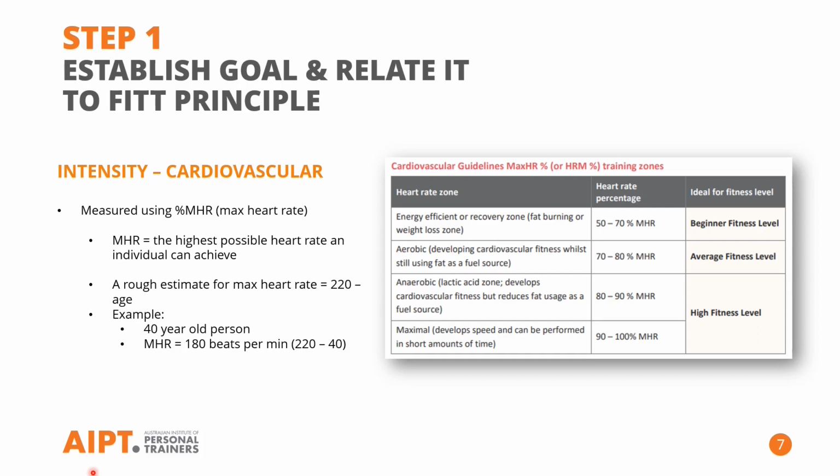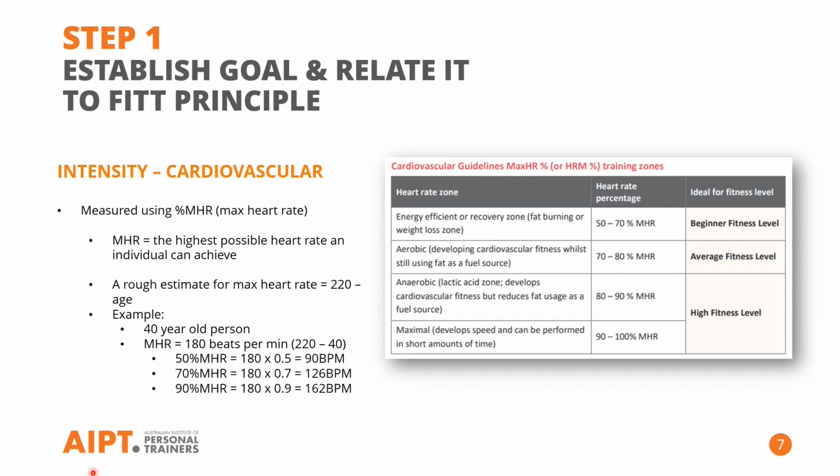So then what we can use with that number, that 180, that's the maximum heart rate for that person, we can calculate different heart rate zones that we want them to be in based on what type of benefit they're trying to achieve, what their fitness level is, and things of that nature.